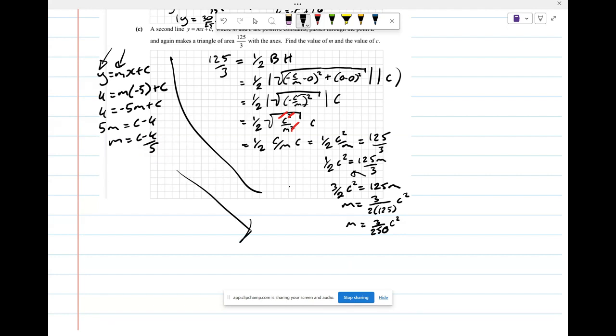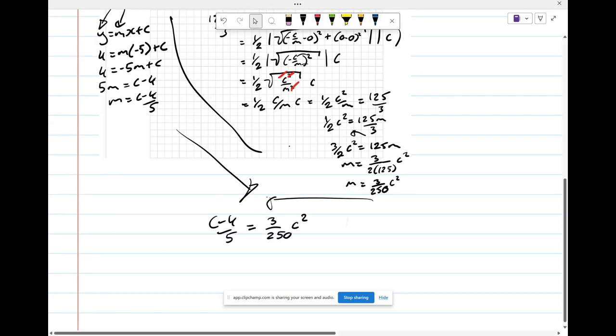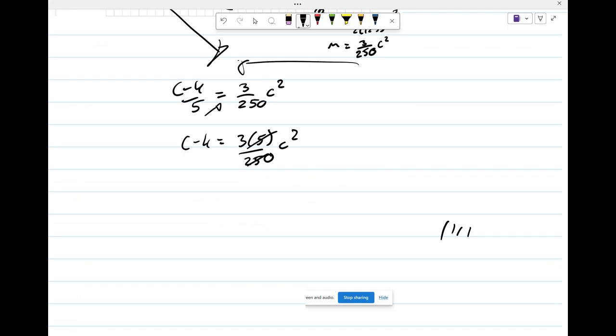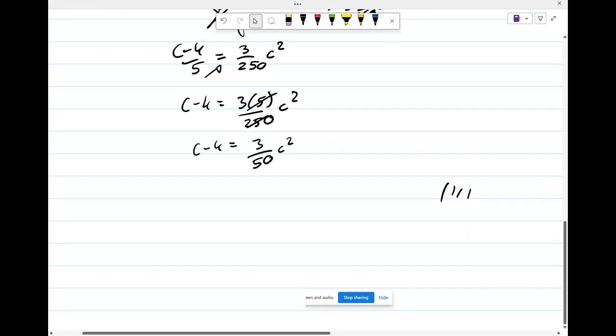So let's bring this here and this here and say c minus 4 over 5 is equal to 3 over 250 c squared. And so when these cancel, that's going to be c minus 4 is equal to 3 over 50 c squared.